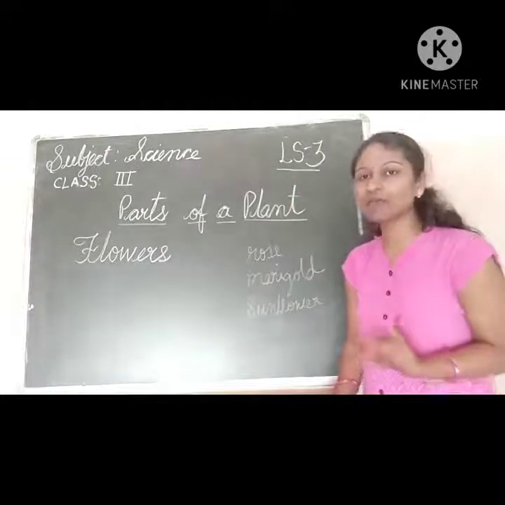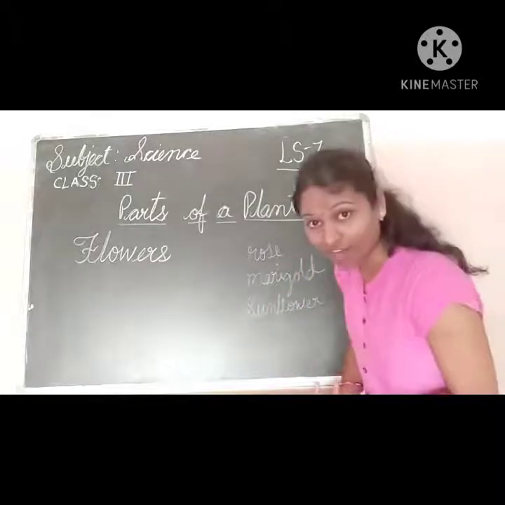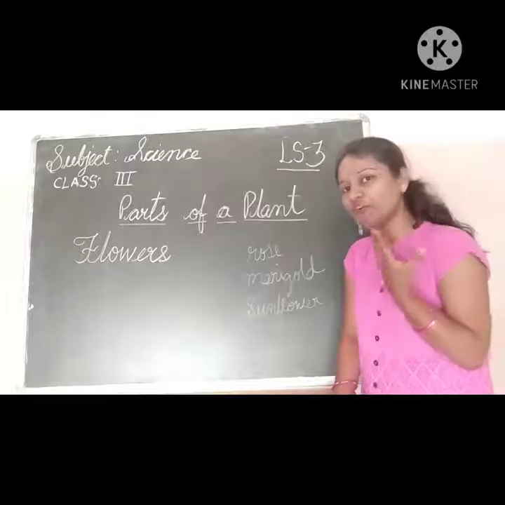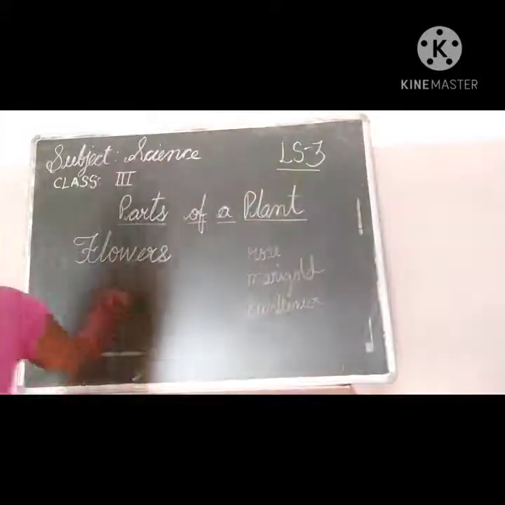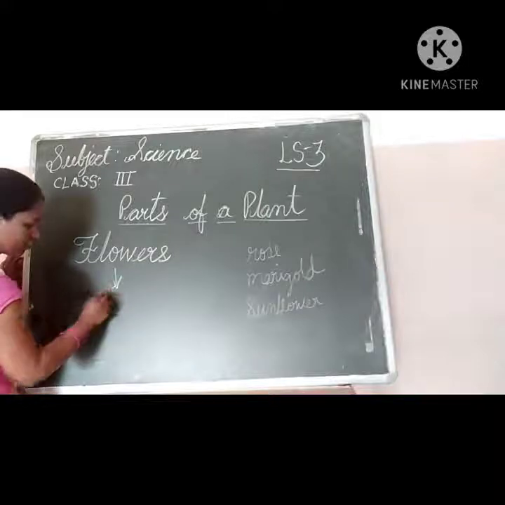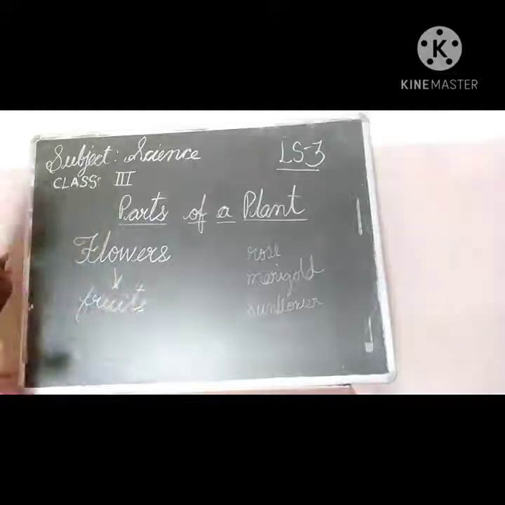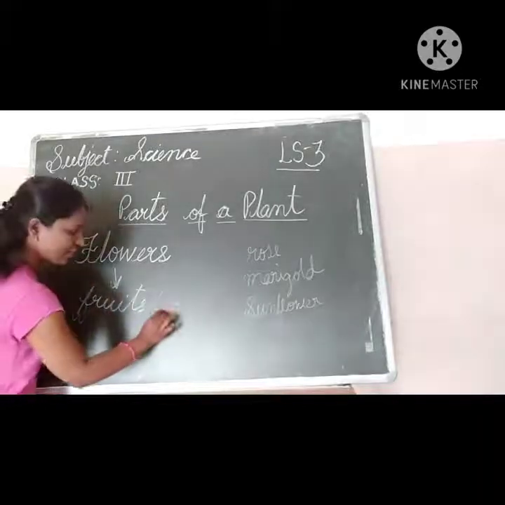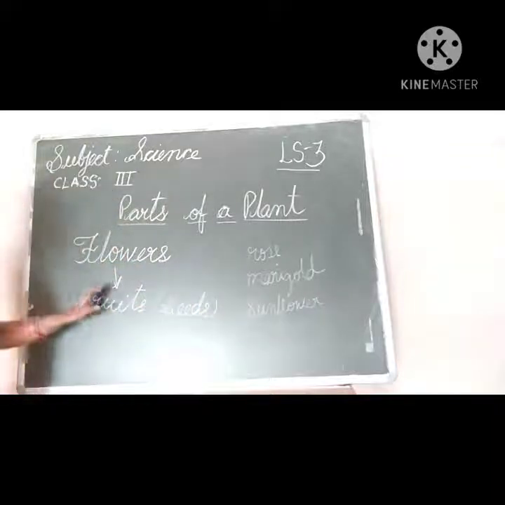They are happy because if the plants are bearing flowers, then they can bear fruits also. And fruits have what, children? Seeds, which help to grow new plants.